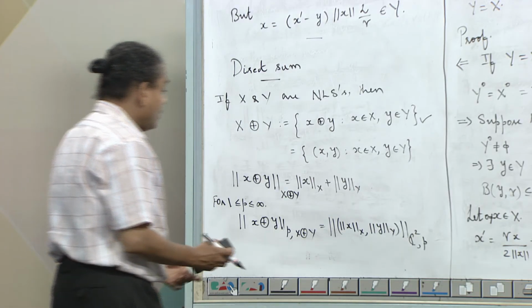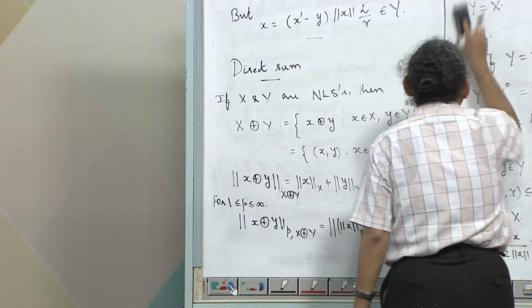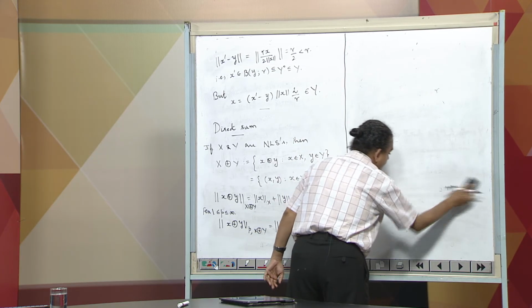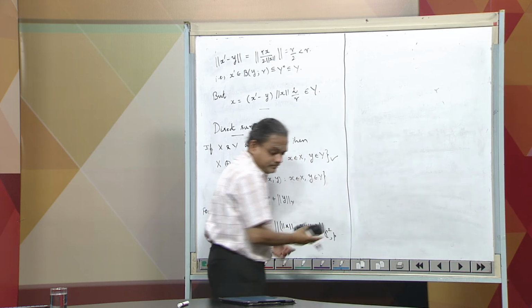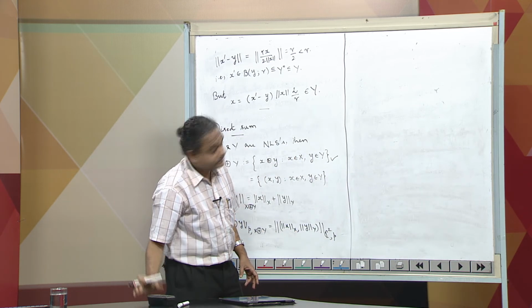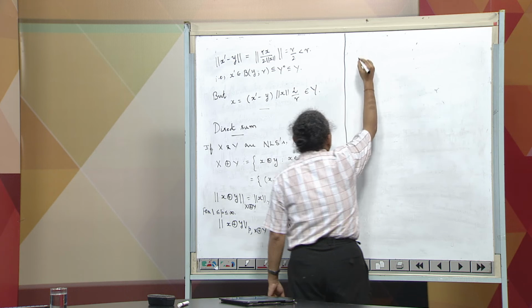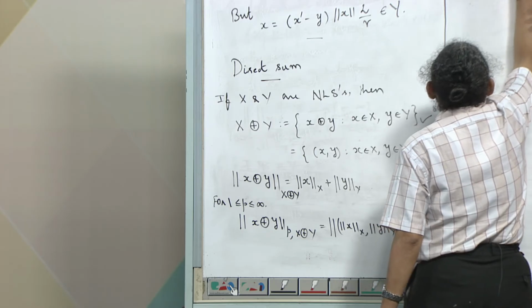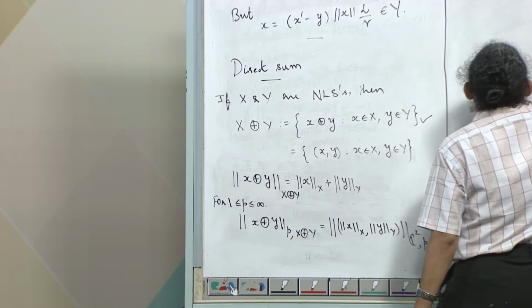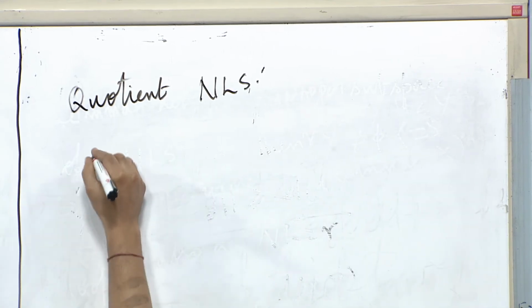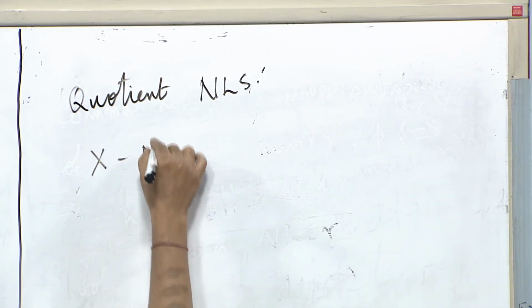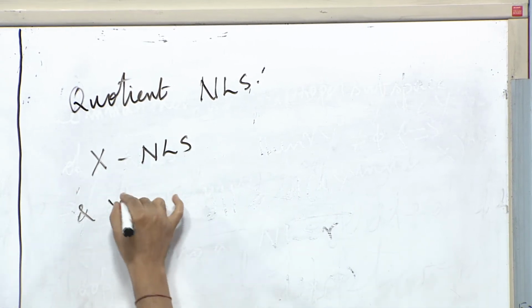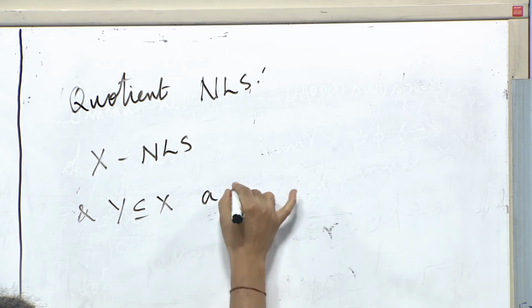So, before we wind up this lecture, let me introduce one more concept, what is known as the quotient. The next one is the quotient normed linear space. So, what is this quotient? You have X, a normed linear space, and Y a closed subspace.